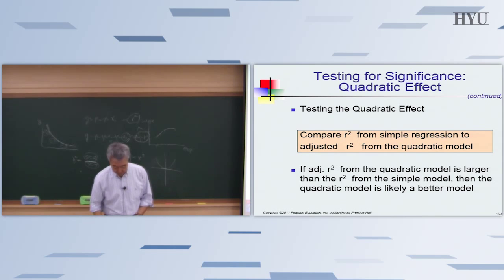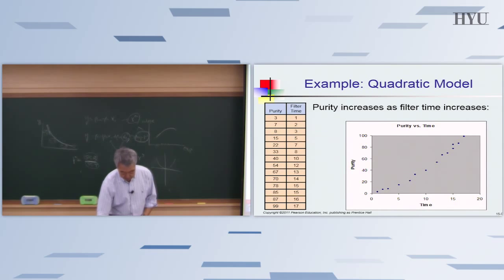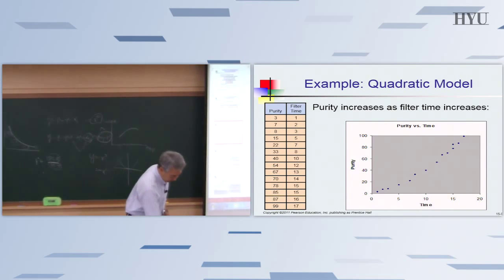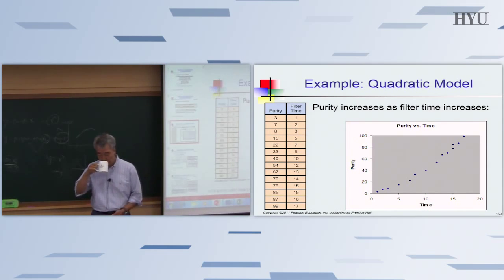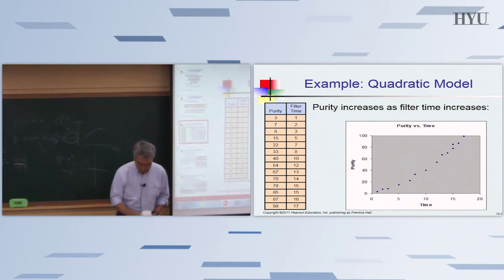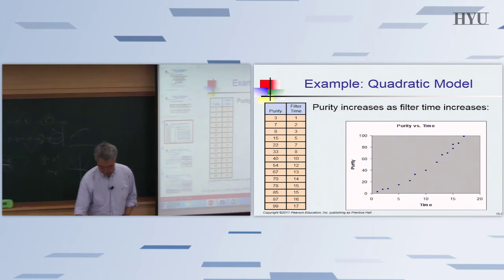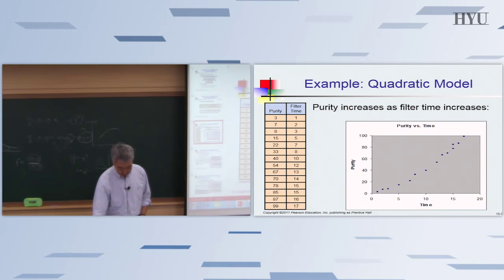And then here's an example. What's going on here? So here's a textbook example of including the quadratic term.